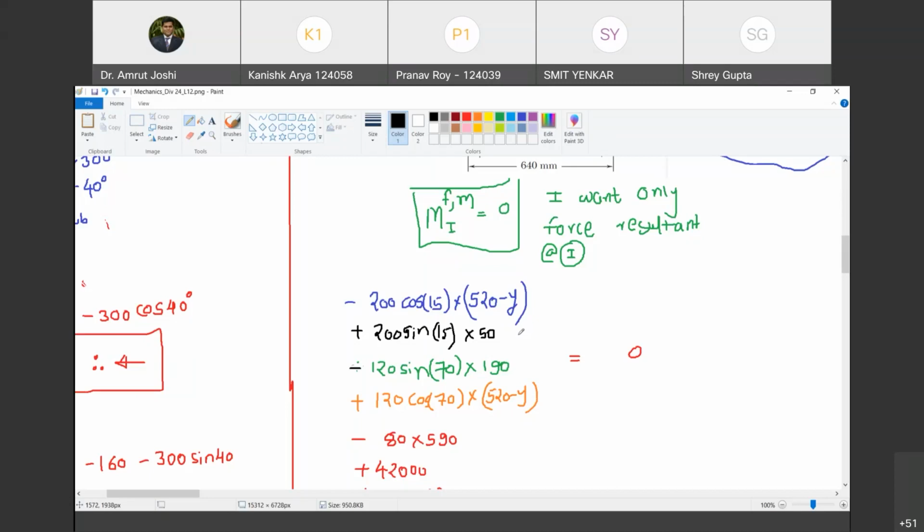Plus 200 sine 15 into 50 minus 120 sine of 70 into 190 plus 120 cos of 70 into the bracket 520 minus y, bracket complete, minus 80 into 590 plus 42,000 plus 40,000 alpha equal to 0. So what is the value that you are getting?